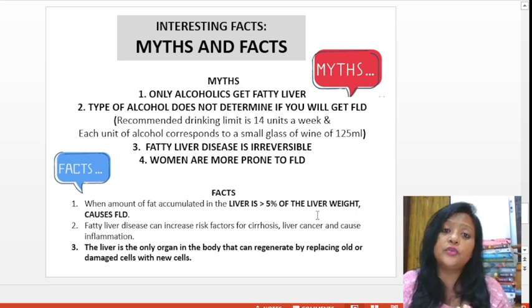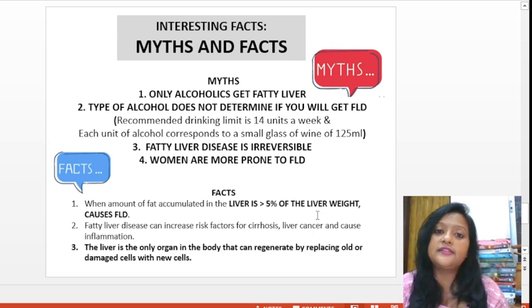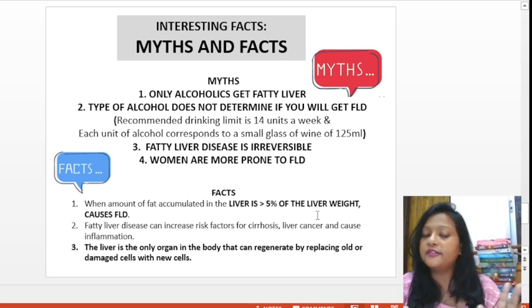If it's suffering from some problems, if it's not functioning properly, it will give you some symptoms, and you have to recognize that. When you see that, change your lifestyle, talk to a dietitian, have a healthy diet, exercise, and then you can reverse the fatty liver disease. It is not irreversible, it is reversible.